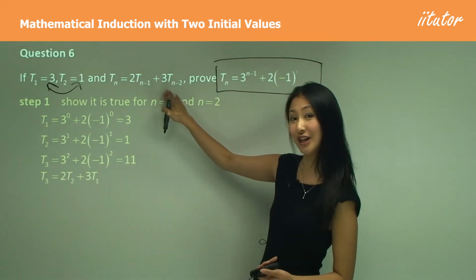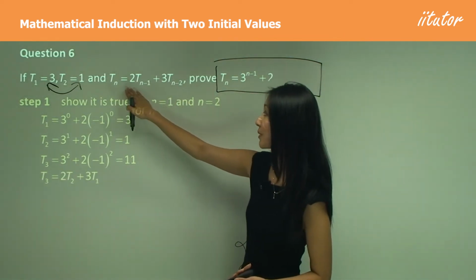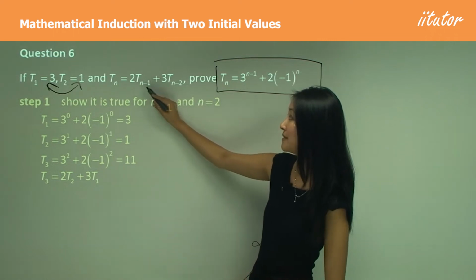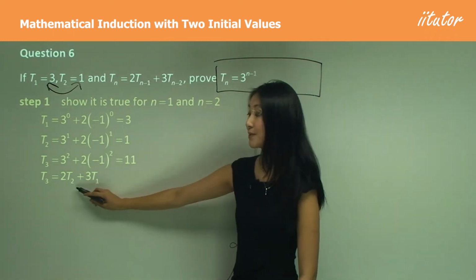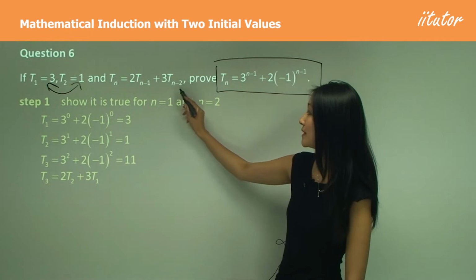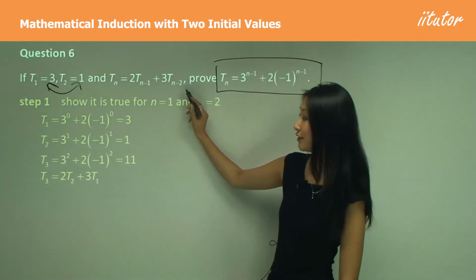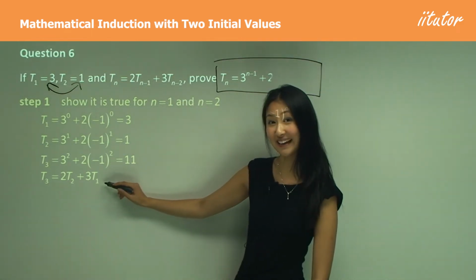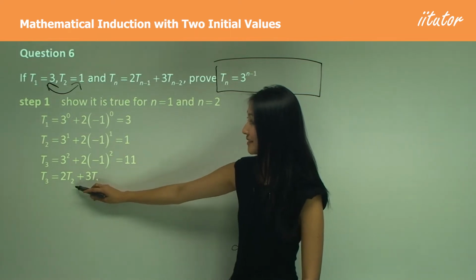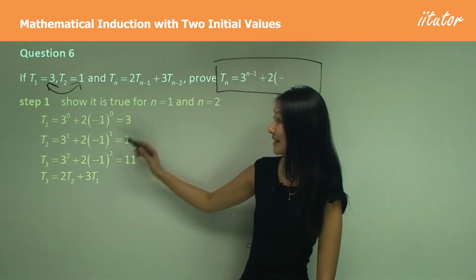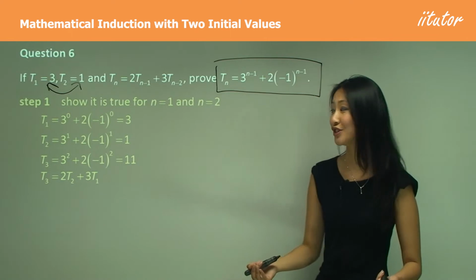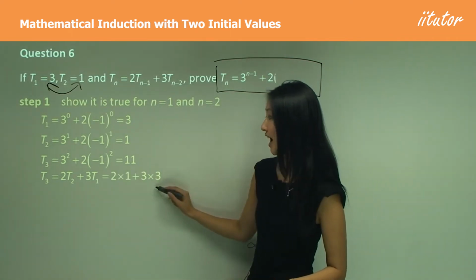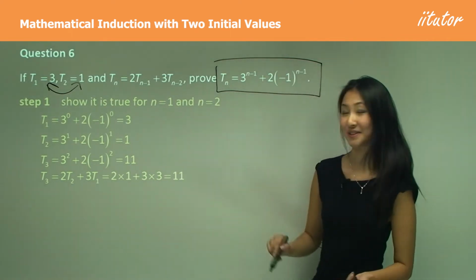So by using the general formula, we have T3 is going to equal 2 times T3 minus 1, so that's why it equals 2, plus 3 times T3 minus 2, so that's why you have T1 here. We know what T2 is, which is just 1, and T1 is just 3, so we substitute that in. So we have 9 plus 2, which equals 11.